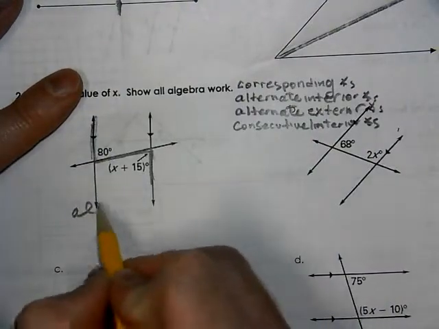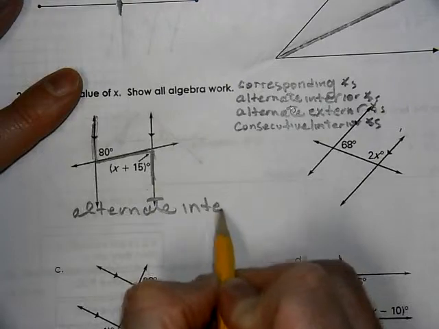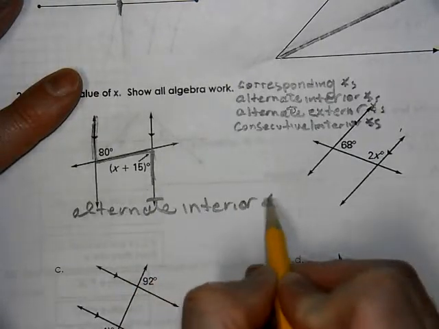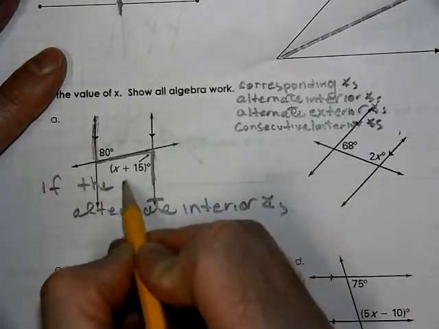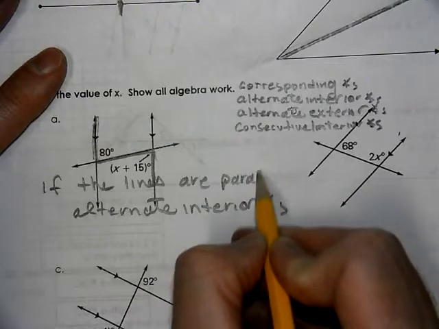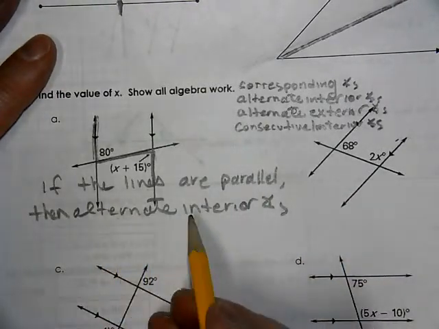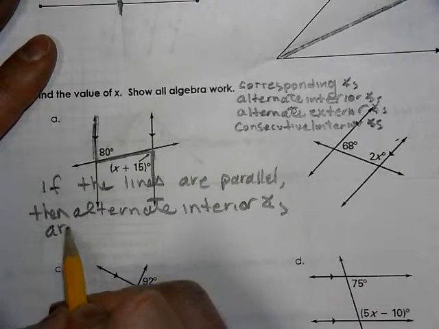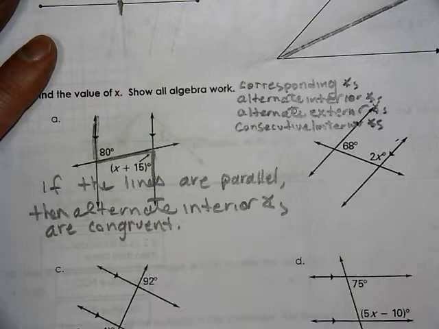So we're going to call them alternate interior angles. If the lines are parallel, then alternate interior angles are congruent.